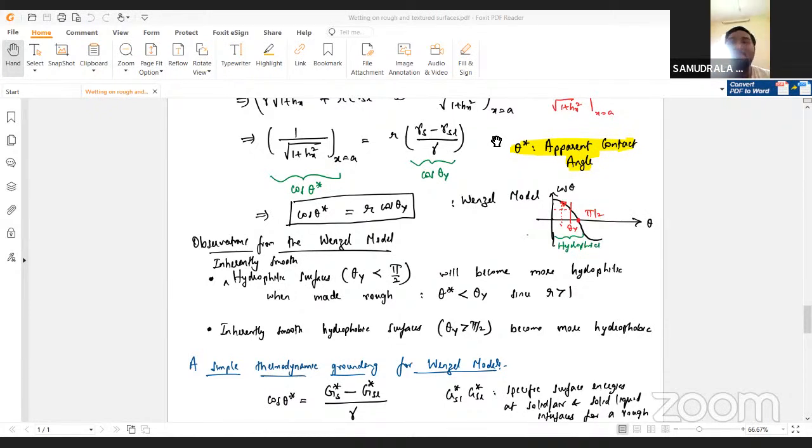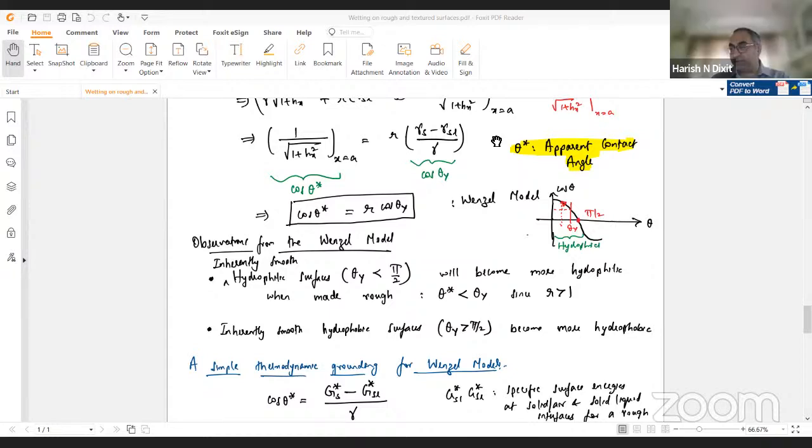Sir, here I have a doubt on how the volume, that means how we relate, if we take a semicircle, how we relate the height h and the radius and the contact angle.